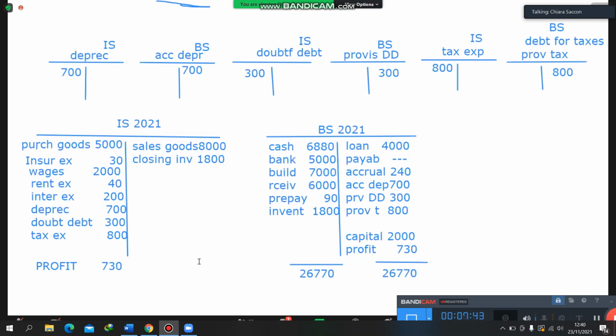This is the final financial report at the end of the year 2021.